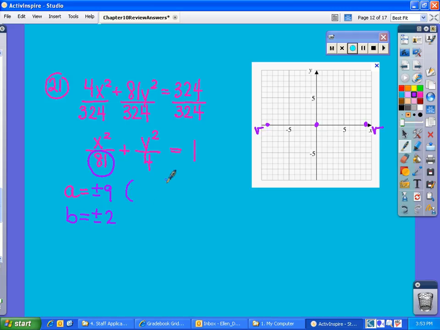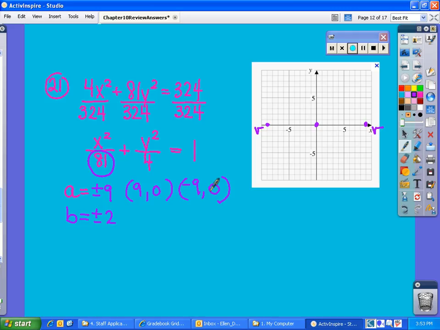Now, to actually give those points, we would have 9, 0 and negative 9, 0. Notice that the 9 and negative 9 appear in the x coordinates because these were under the x squared, and those are our vertices on the x-axis.